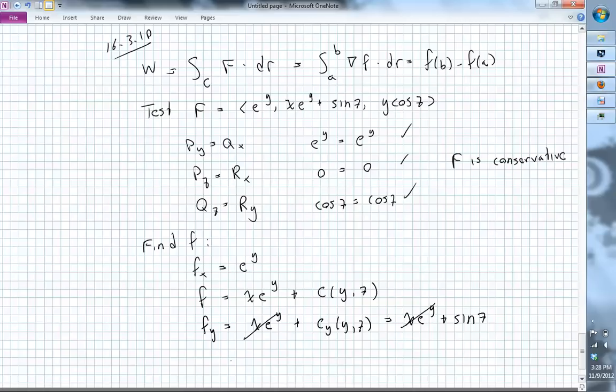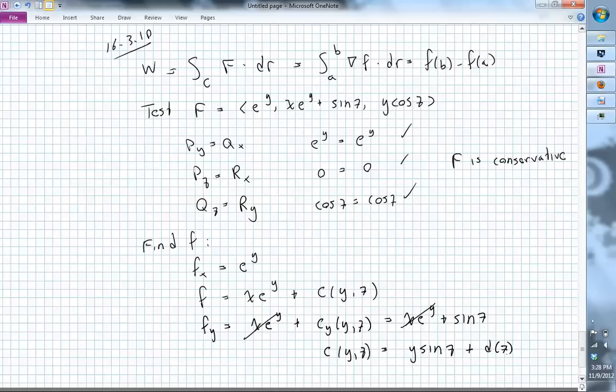Now I have to find c. How do I find c? Anti-differentiate with respect to y. What's the most general constant of integration in that context? Some constant that depends on z.